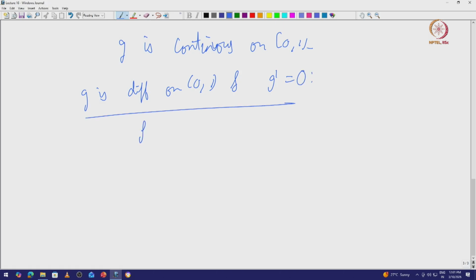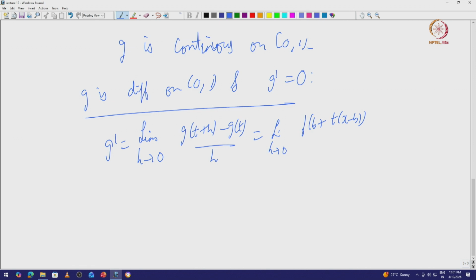Indeed, if we look at the definition, what is this?